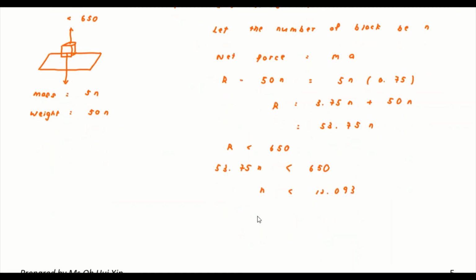So the maximum number n that we can put is 12, because it cannot be more than 12.093. When you put 12, it's still going to be lesser than that. Okay, that's it for this question.